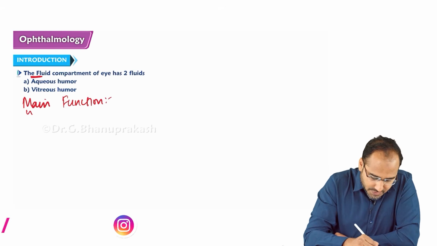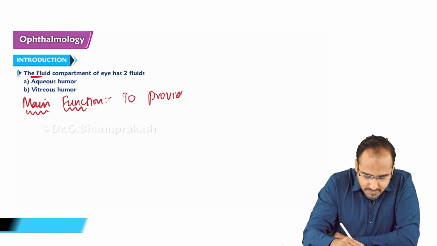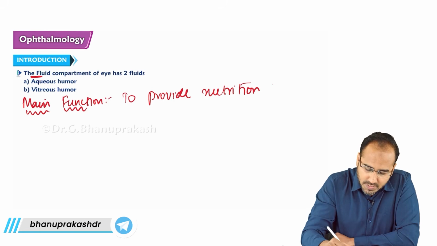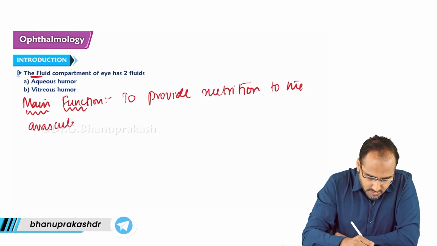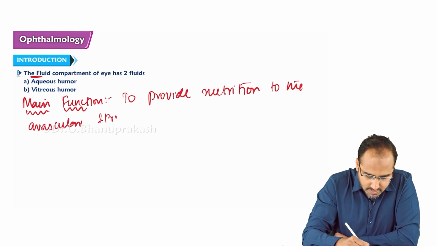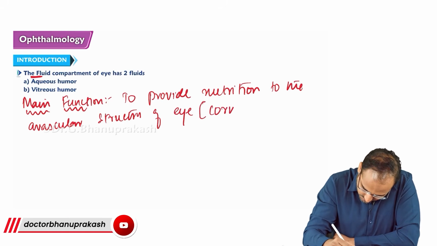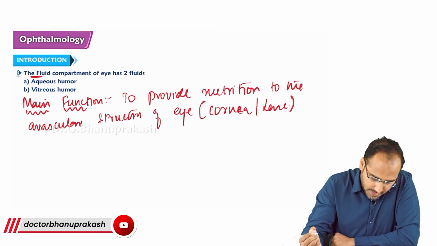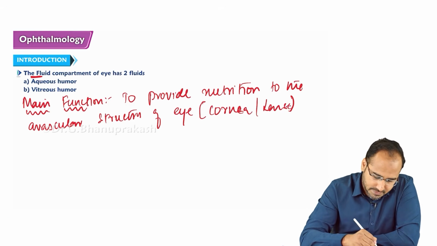The main function of aqueous humor is to provide nutrition to the avascular structures of the eye, such as the cornea and lens.